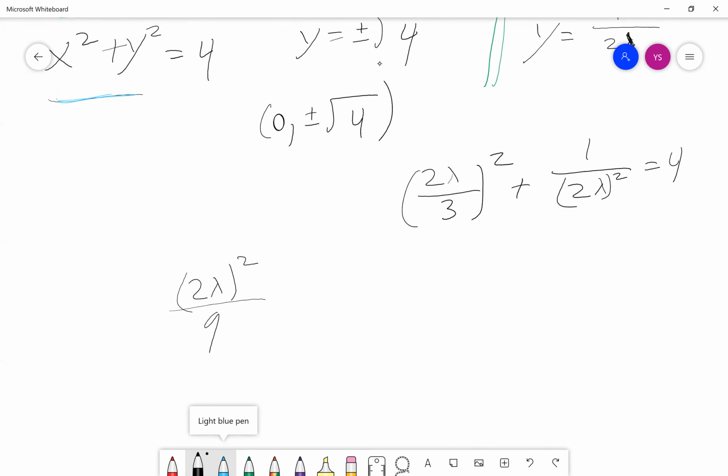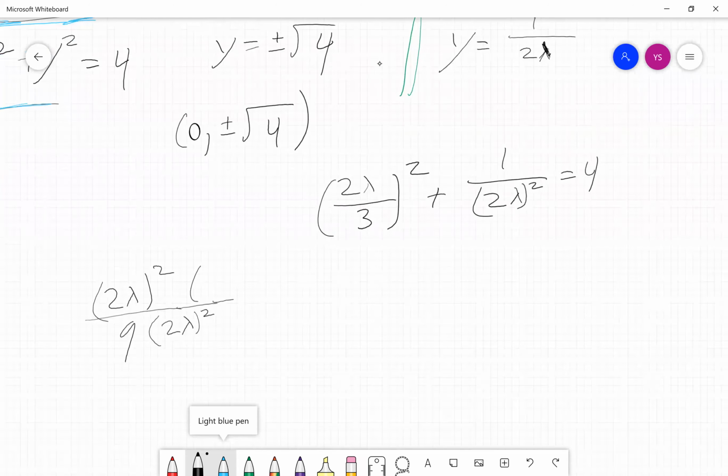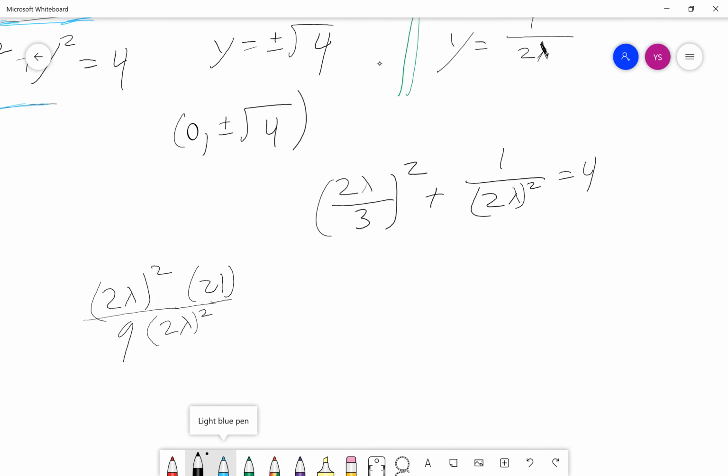Okay, so we want a 2 lambda squared down here, so that's multiplied by 2 lambda squared, and we can multiply the top by 2 lambda squared, plus 9 over 2 lambda squared is equal to 4.